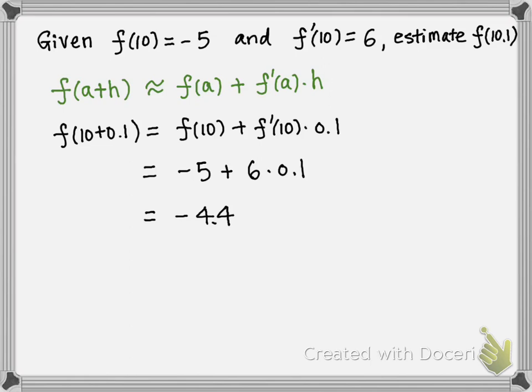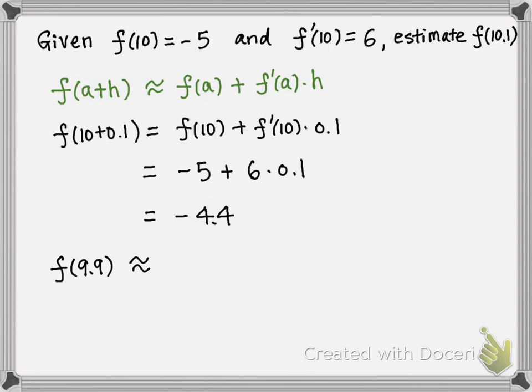So it will give us some information when we know the function value and its rate of change. It will help us estimate small values that are nearby. And what about f of 9.9? Can we estimate f of 9.9 when we know f of 10? Yes.